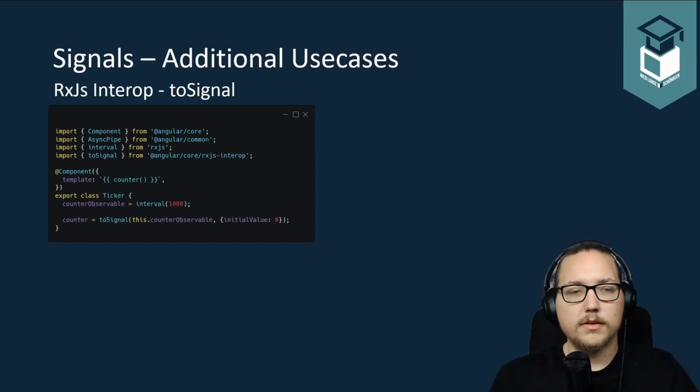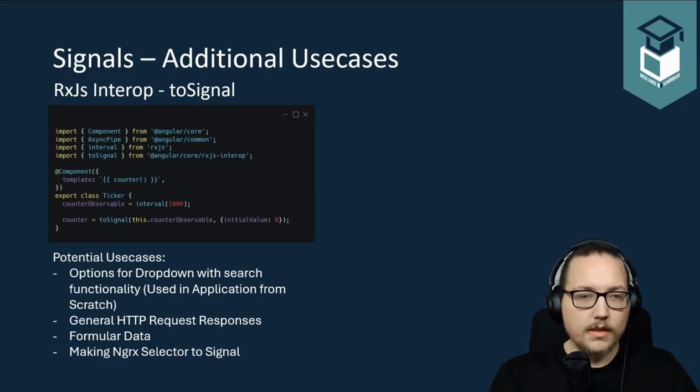In that example, you can see there is an interval observable, and you can now call toSignal, provide an observable, and also provide an initial value to make the whole signal have an initial value.